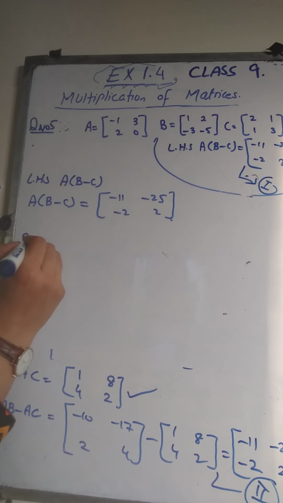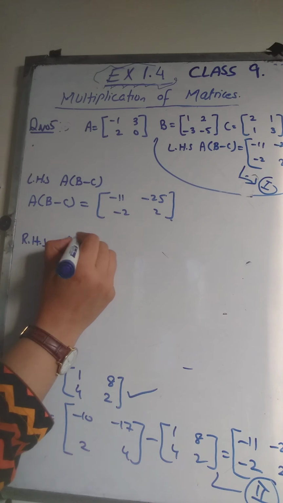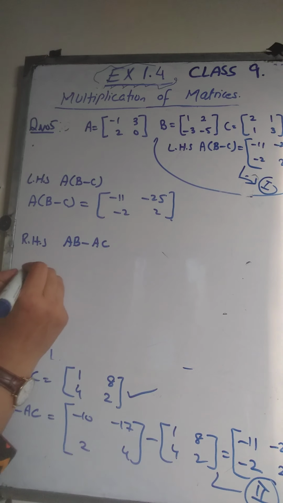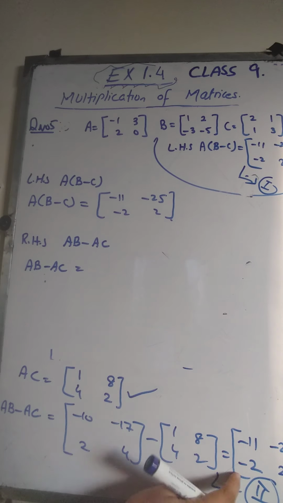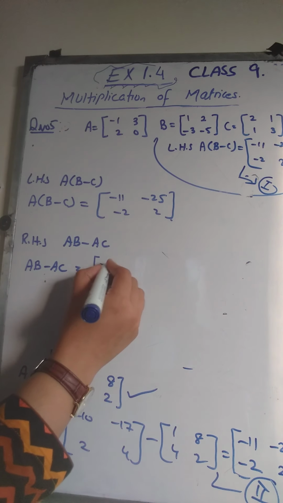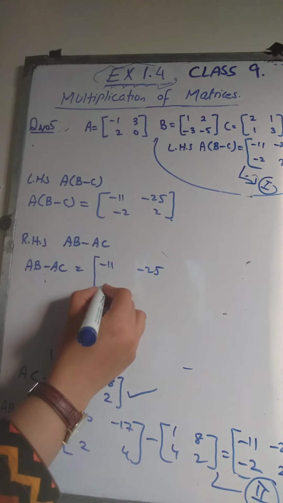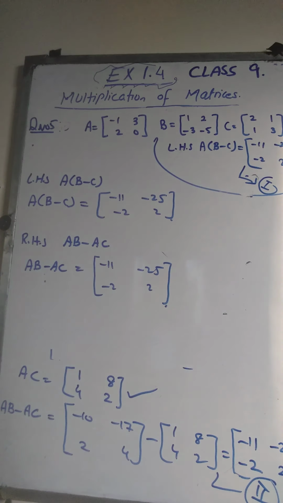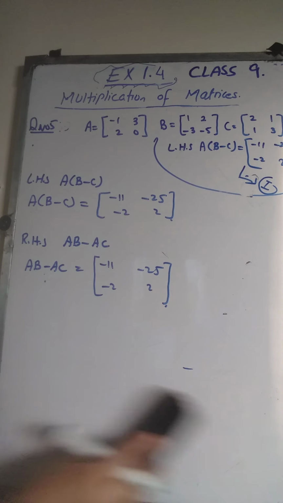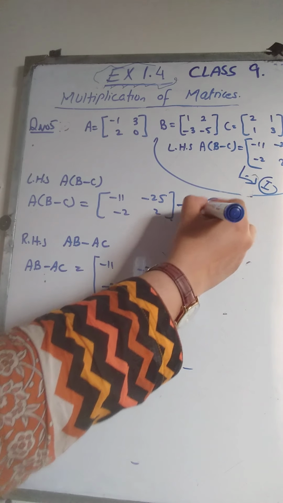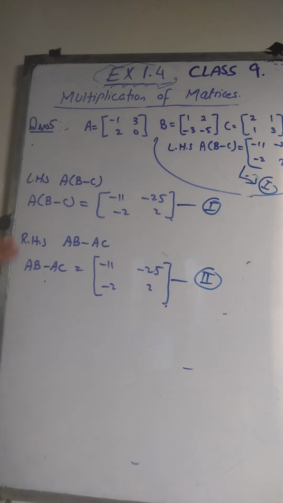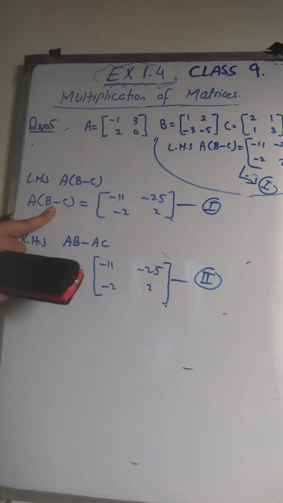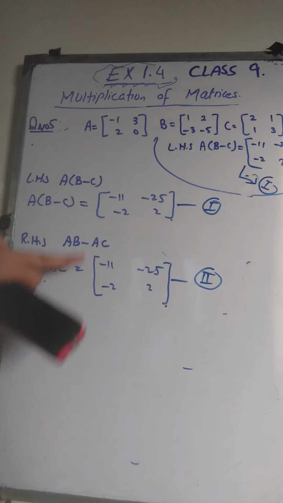Then we calculated the right hand side, AB minus AC, and the net result was again the same, negative 11, negative 25, negative 2 and 2. We had named these equation 1 and equation 2. We compare both the results. A into B minus C is equal to AB minus AC because of these two answers.